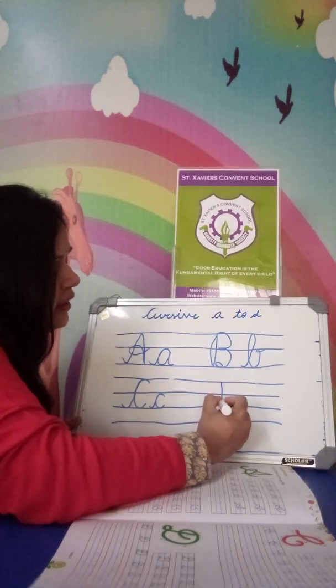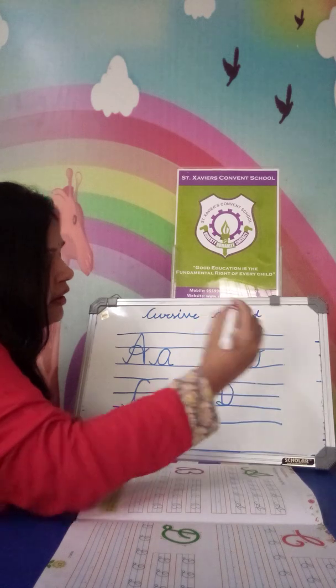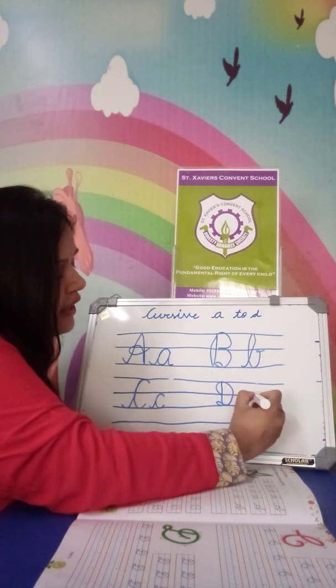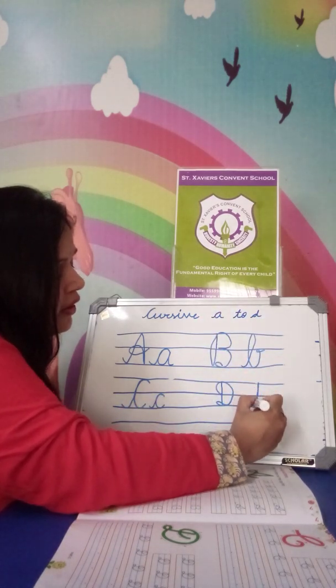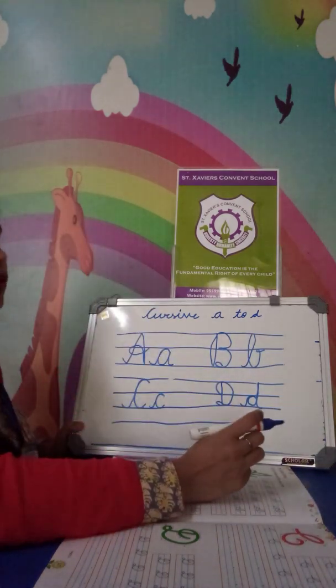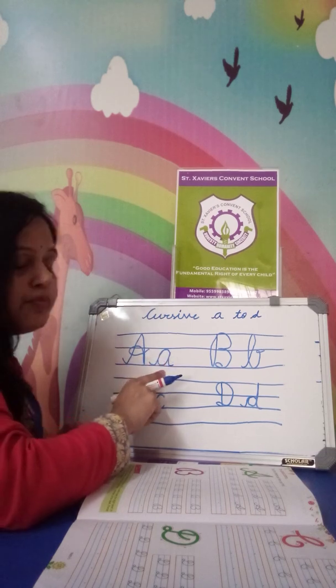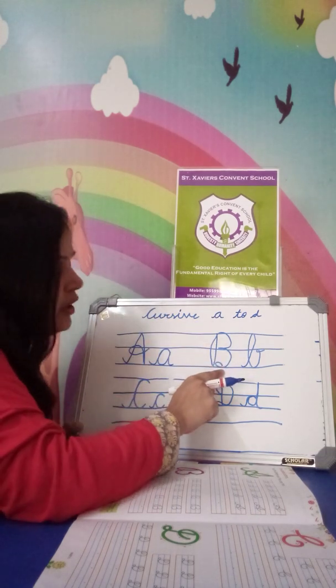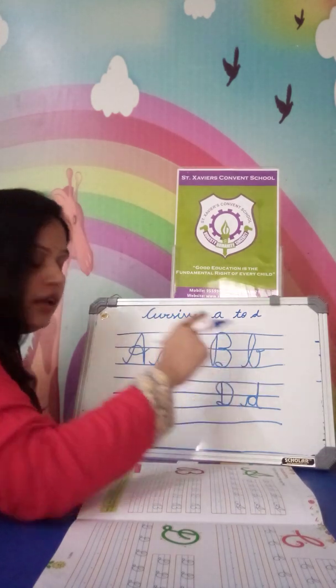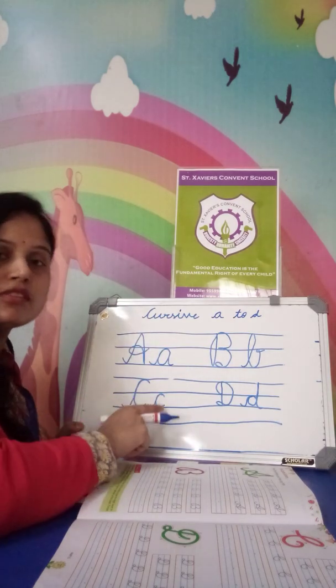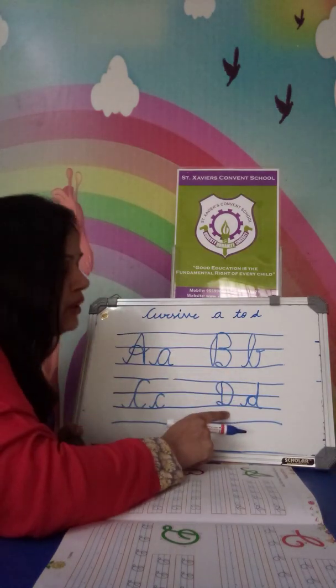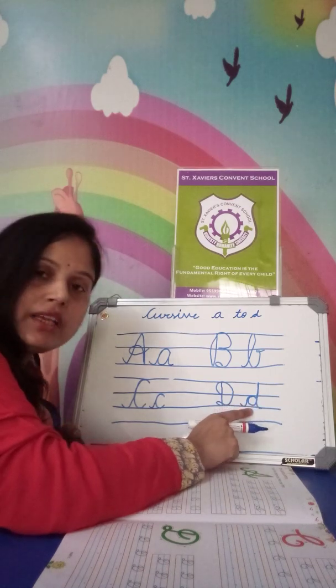Capital D with small d. Okay, so we have to write capital A with small a, capital B with small b, capital C with small c, capital D with small d.